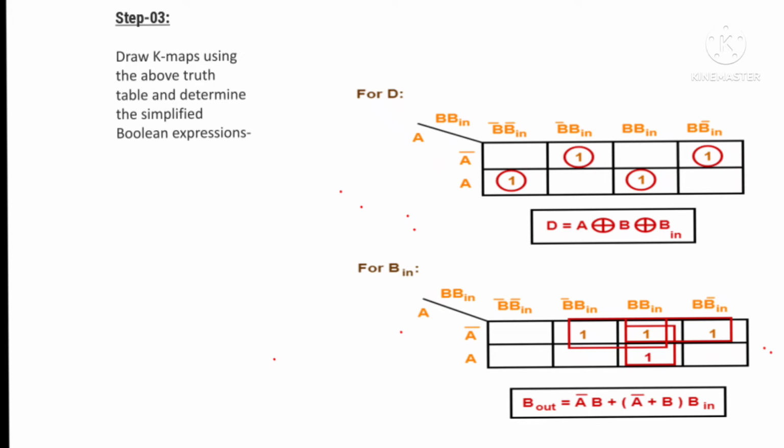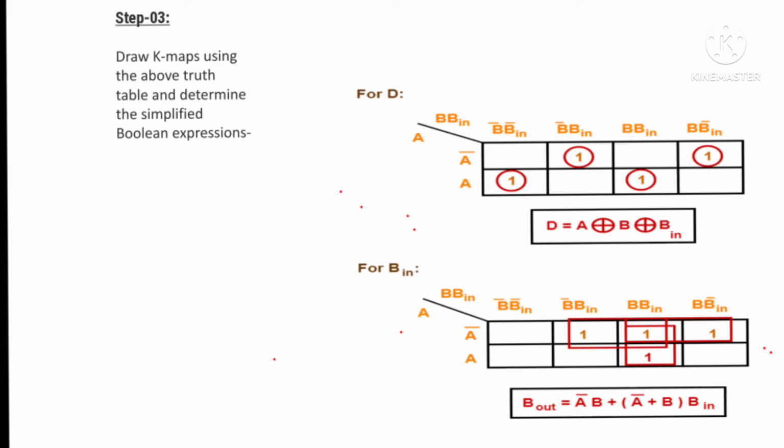We have to consider where we get the ones in the truth table for B out. Here we get ones at the first, second, third and seventh positions. So we represent ones in the first, second, third and seventh positions, and we have to loop them.